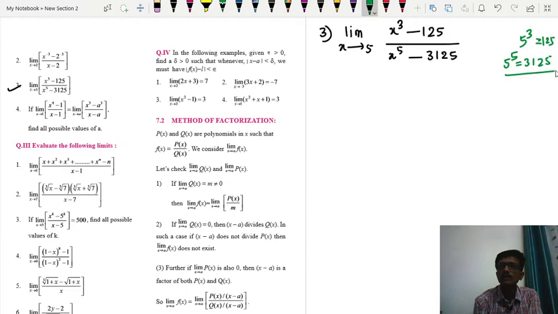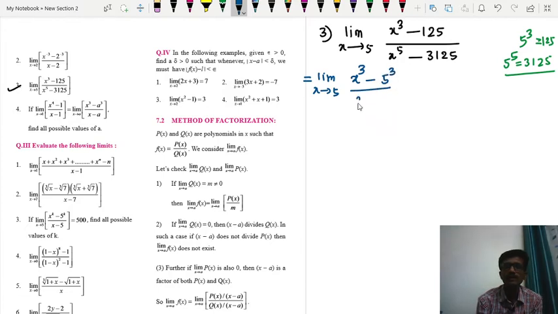So this will be equal to limit x tends to 5, x cube minus 5 cube, and here we divide by x minus 5. Denominator is x to the power 5 minus 5 to the power 5 upon x minus 5.